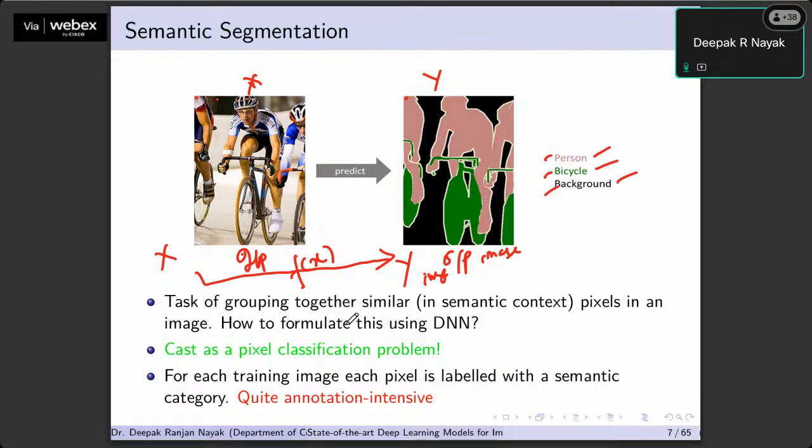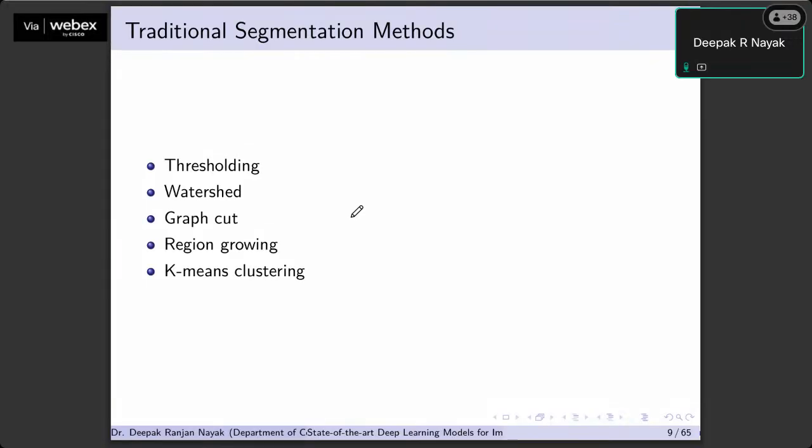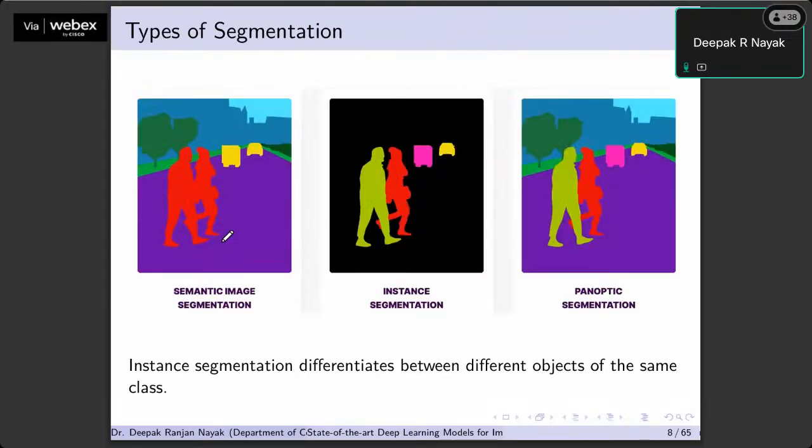Now I'll show you one example through which you can easily find the difference between semantic segmentation and instance segmentation, and there is also something called panoptic segmentation, which is nothing but a union of semantic segmentation and instance segmentation.